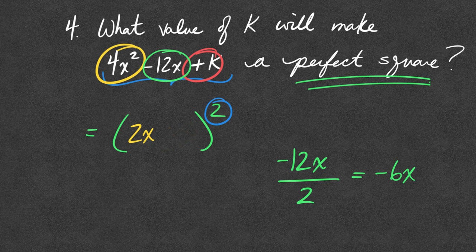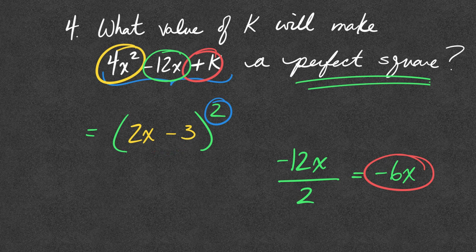What that tells me is that when I take my 2x and multiply it by something, that has to give me negative 6x. 2x times what gives me negative 6x? I've already taken care of the x part, I just need the number. So 2 times what gives me negative 6? That would be negative 3.